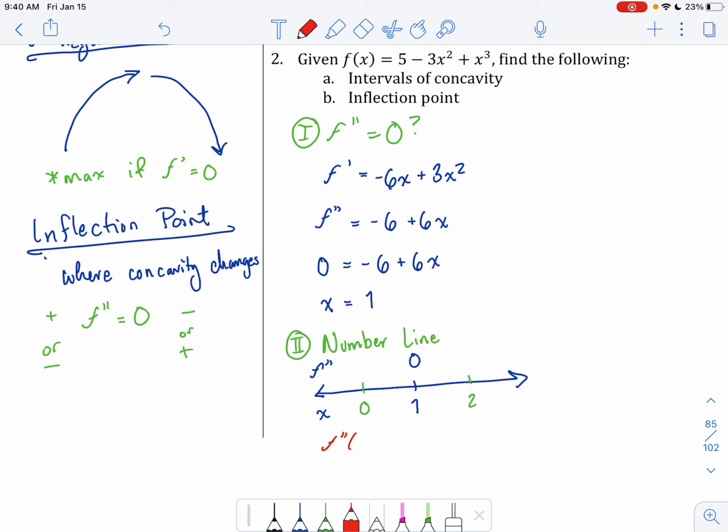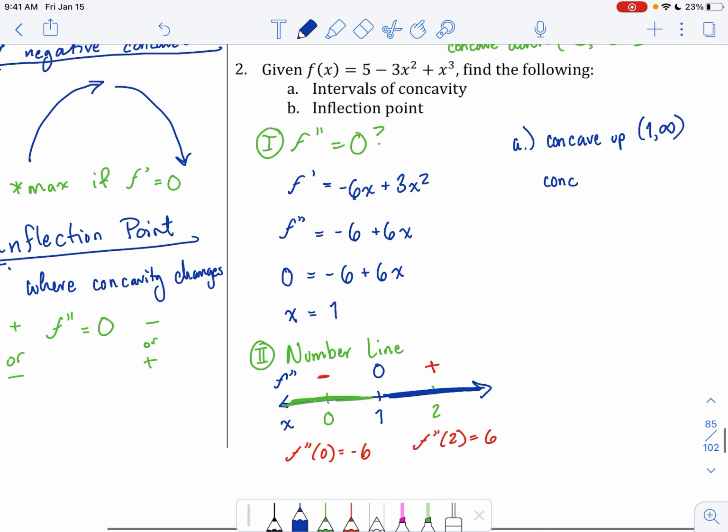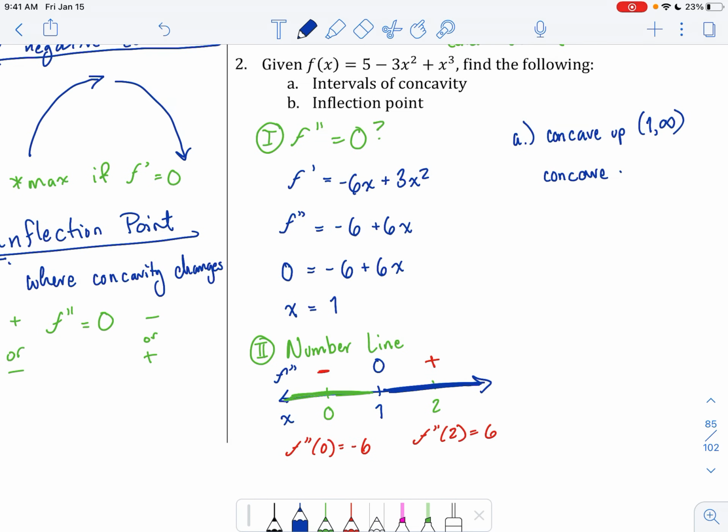Therefore, we just want to make our conclusions. So for A, it's concave up where it's positive, so that's from, whoops, not 0, x equals 1 to infinity. That's the positive here. And then we have our concave down, our negative, from negative infinity to 1.